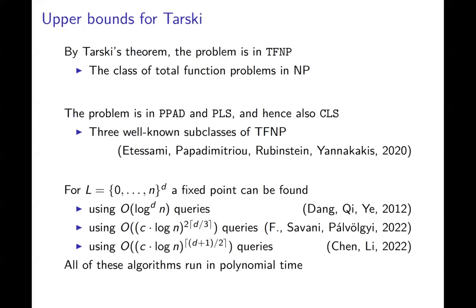In terms of query complexity for the d-dimensional Tarski problem, the original algorithm found the fixed point in log to the power of d queries. However, subsequent work has further improved the exponent down to (d+1)/2 queries. And all these algorithms run in polynomial time for each query.